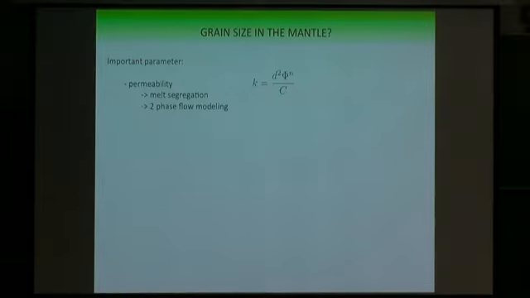Well, with all the talks that have been given since yesterday, grain size seems to be an important parameter, mainly through the permeability, which helps understand melt segregation and can be implemented in two-phase flow modeling.